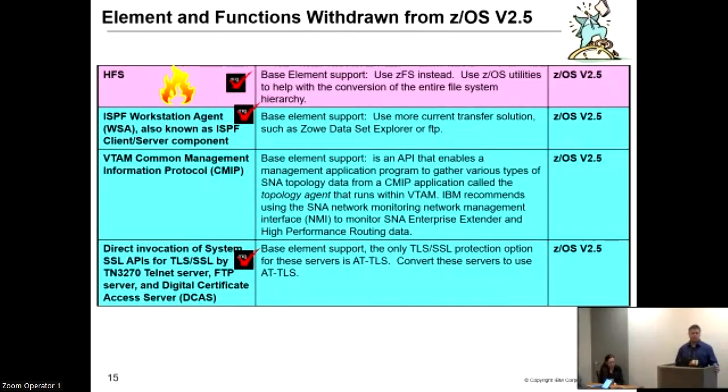You want to use the Zowe data set encryption or data set explorer instead. And for direct invocation of the System SSL API for TLS/SSL by the TN3270 server, FTP server, or DCAS, you want to convert those to use AT-TLS.